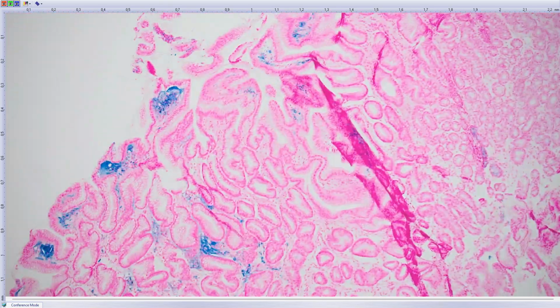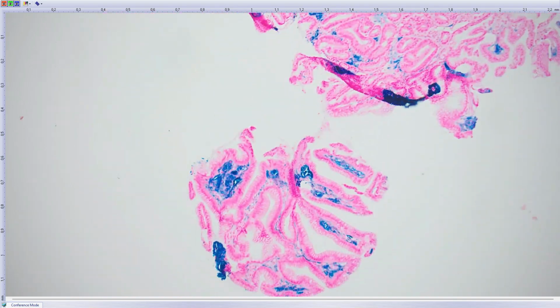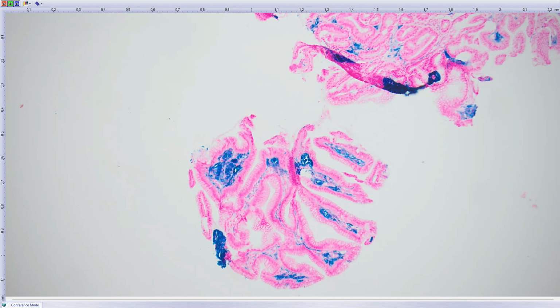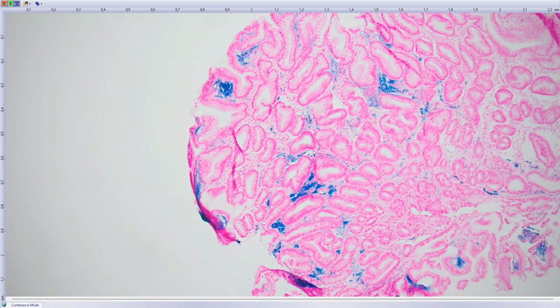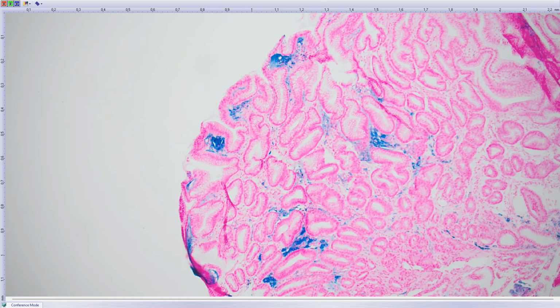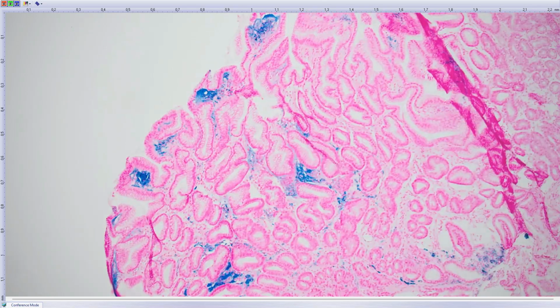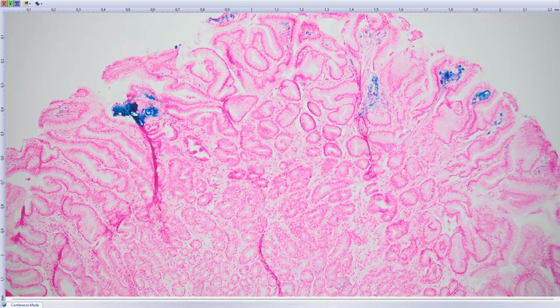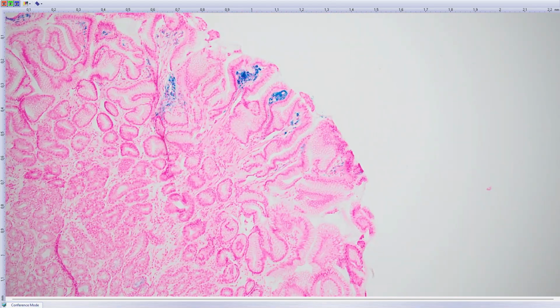Sometimes it's really subtle, and you have to be really careful with examination of the biopsy sample, because the deposits of this iron pigment is not so widespread like in this very nice example. So again, pattern of reactive or chemical gastropathy caused by iron pills, so-called iron pill gastropathy.